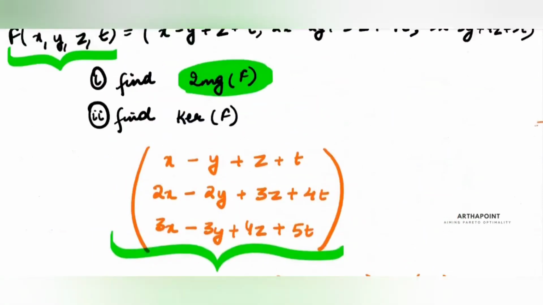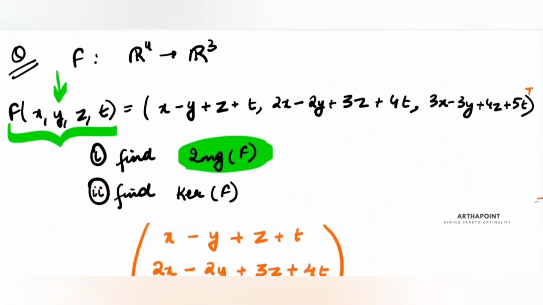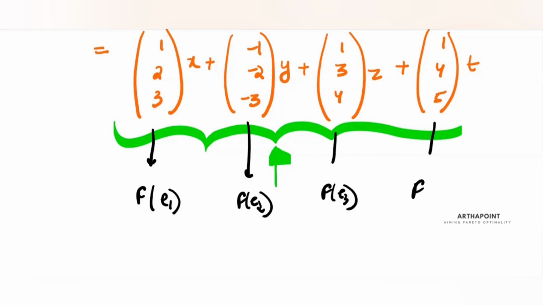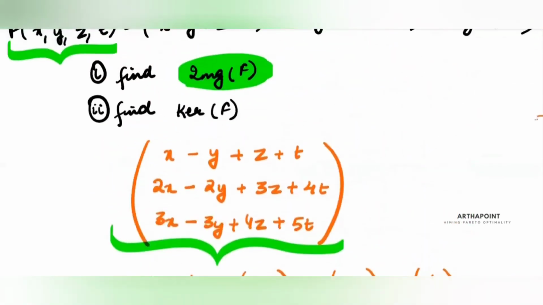Because this function is getting spanned by these four vectors, we can say that this is f of the first vector, this is the second vector, this is the third vector, and this is the fourth vector. So I can clearly say that these are the images of my vectors, simple, because they are spanning my function.